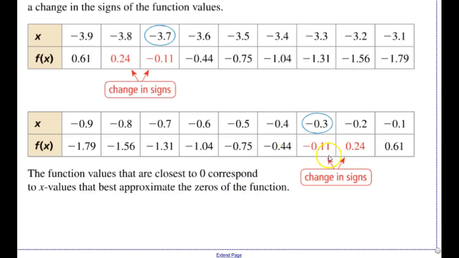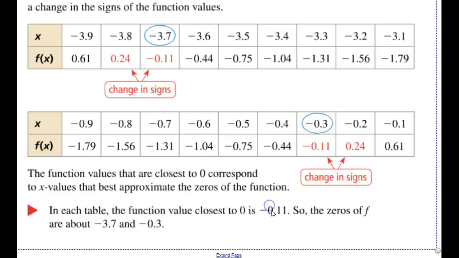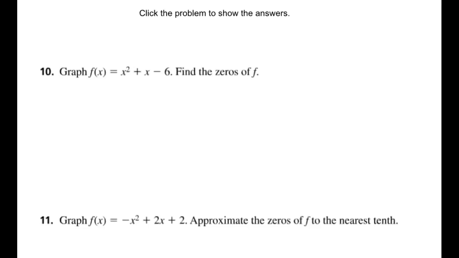So of these two, this -0.3 is closer to 0 than this one is, so I'm going to use this as my approximation. So my zeros are about -3.7 and -0.3, because those are closer to 0 than the other ones where I changed signs. That's just how we can use our graph to approximate what our zeros are.